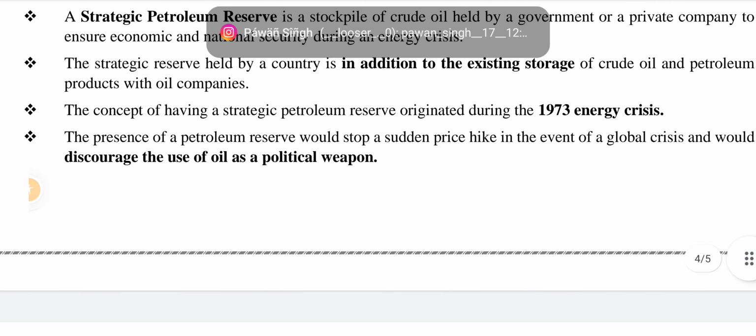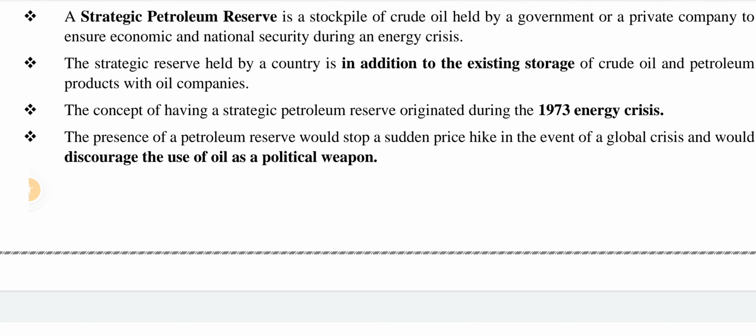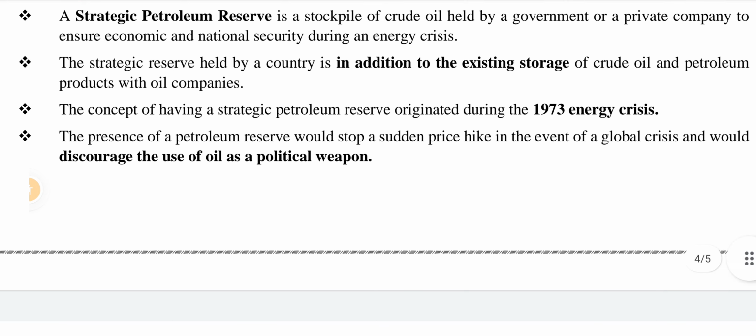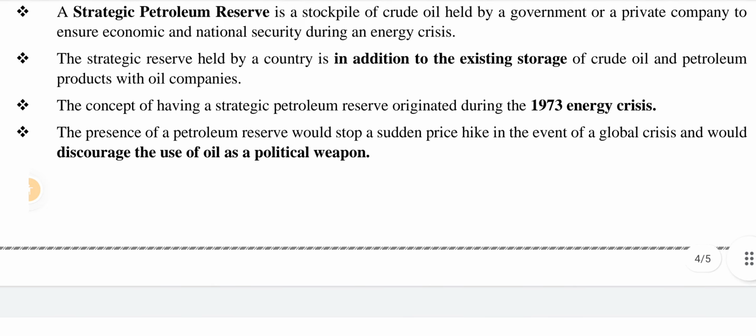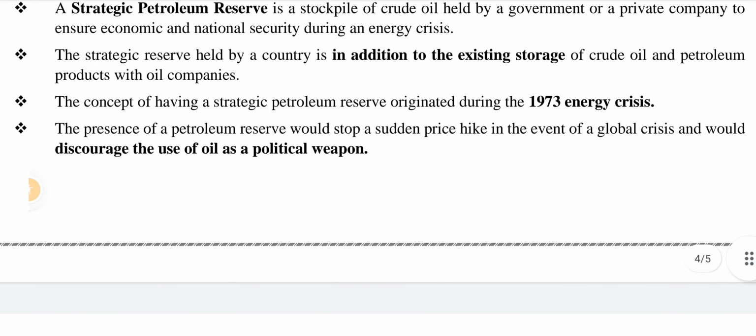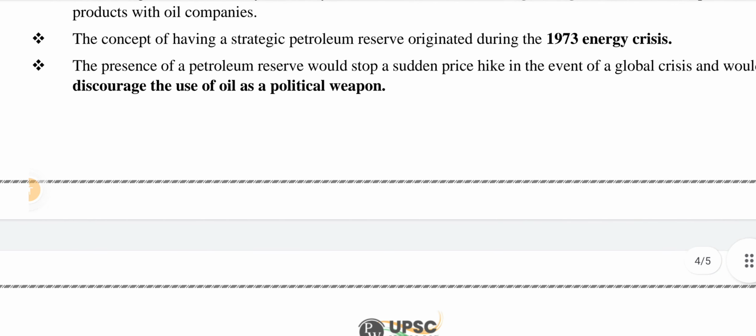The concept of having a strategic petroleum reserve originated during the 1973 energy crisis. The presence of petroleum reserves would stop a sudden price hike in the event of a global crisis and would discourage the use of oil as a political weapon.